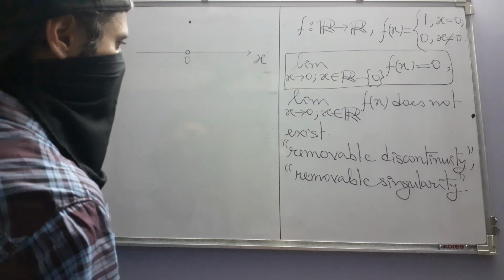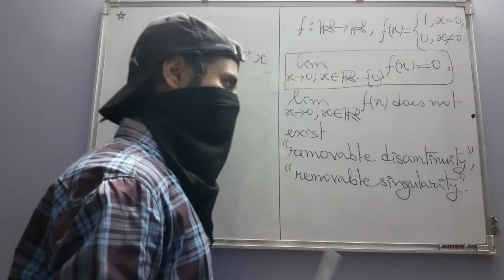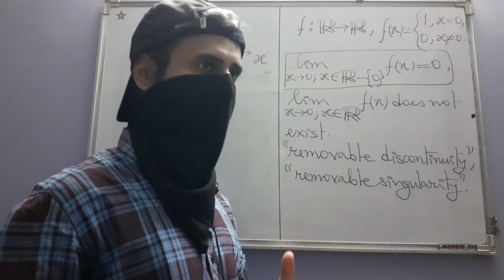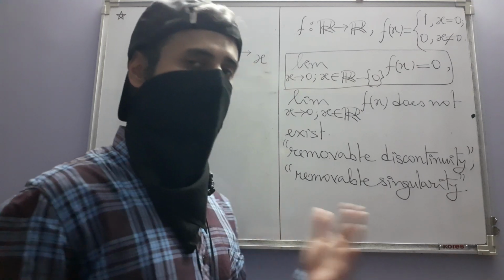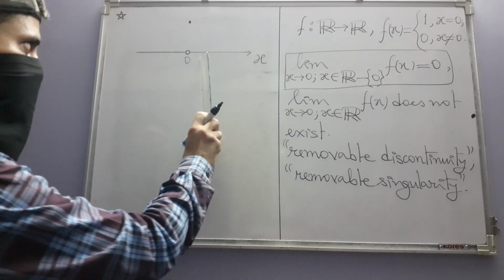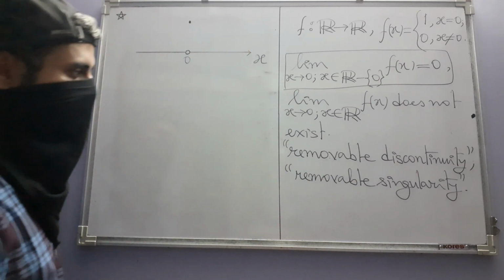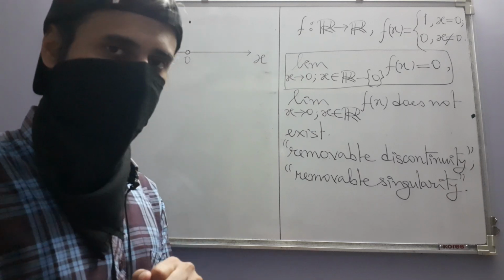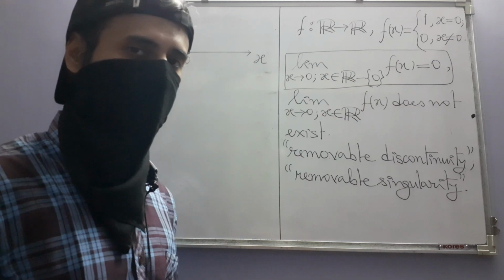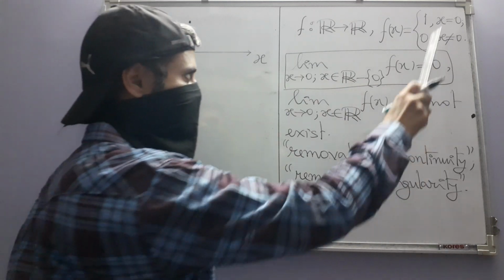of our function. What do we mean when we say something is continuous? It means that it is not hindered by anything, it's unbroken. This, however, is broken, but it can be fixed by redefining this function differently at this single point.